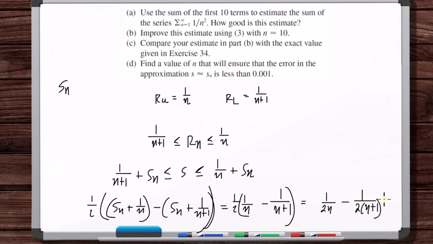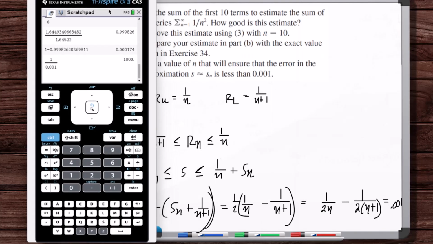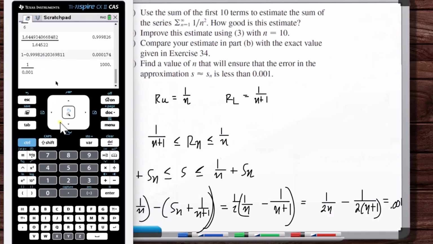and then we want this to be equal to 0.001, right? Okay, yeah, so this will work. Let's just put this into the calculator. This video is getting a little long.